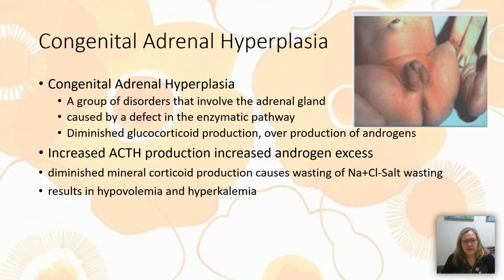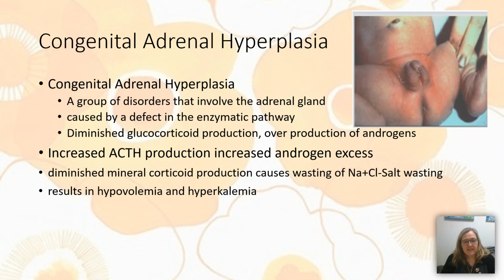So congenital adrenal hyperplasia is caused by a defect in the enzymatic pathway, which diminishes glucocorticosteroid production and overproduction of certain androgens. Androgens are what are responsible for those sexual characteristics developing in the womb.